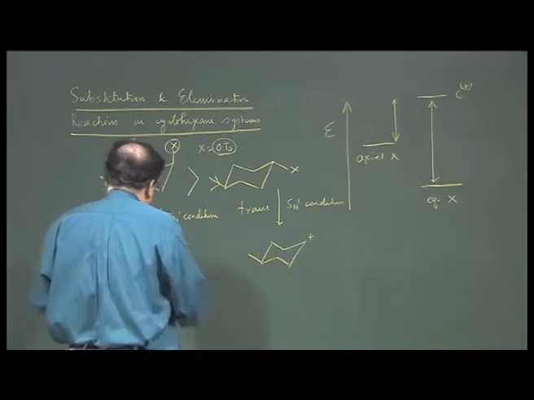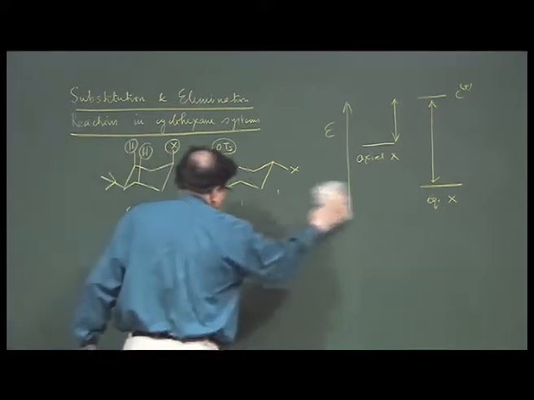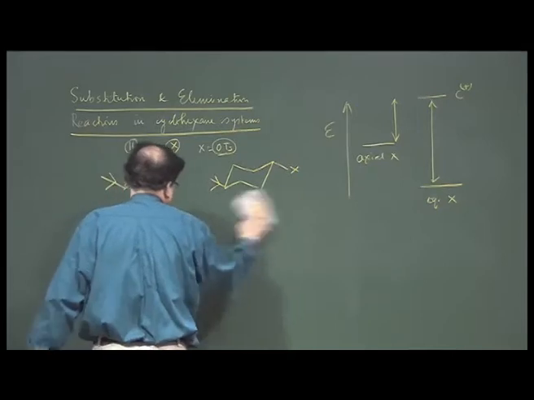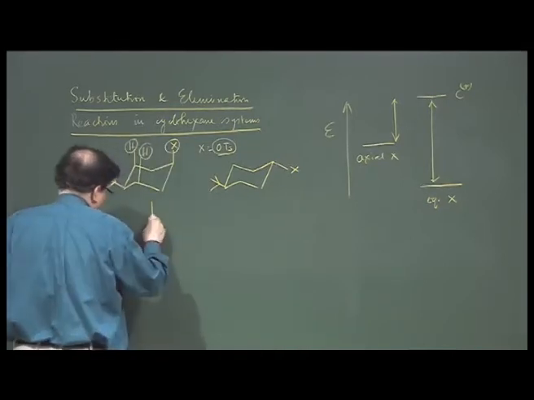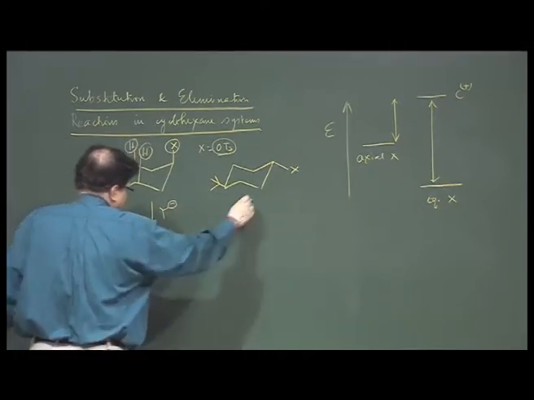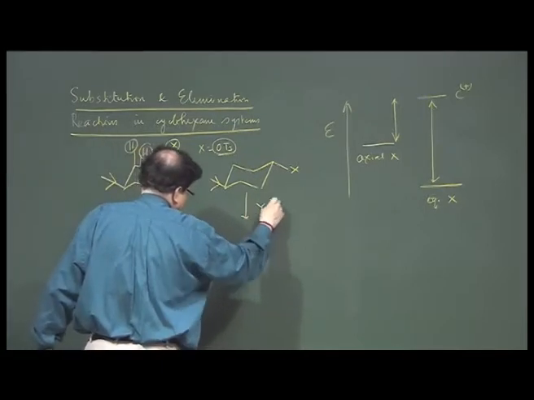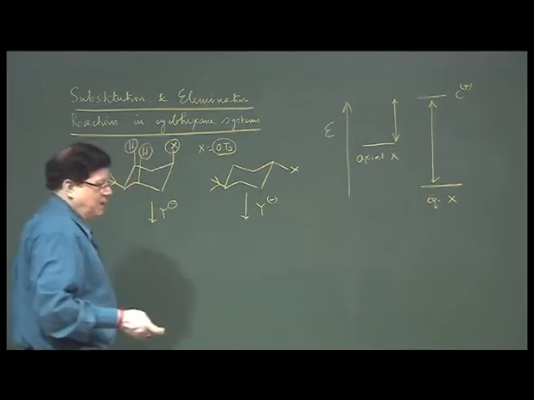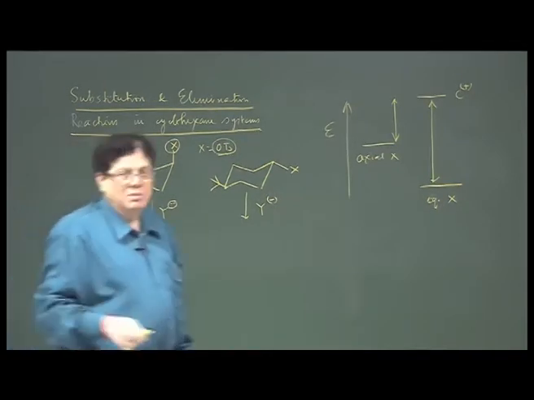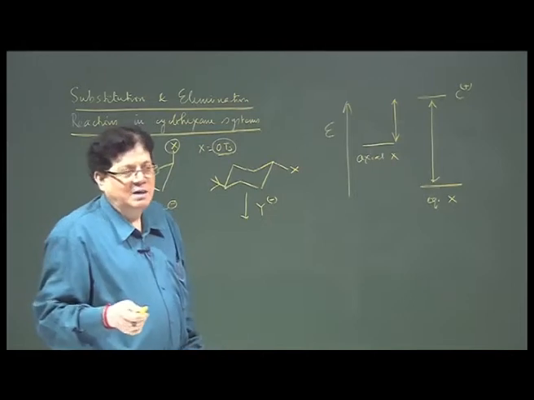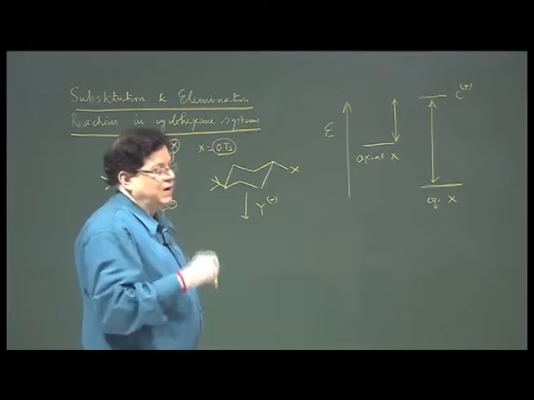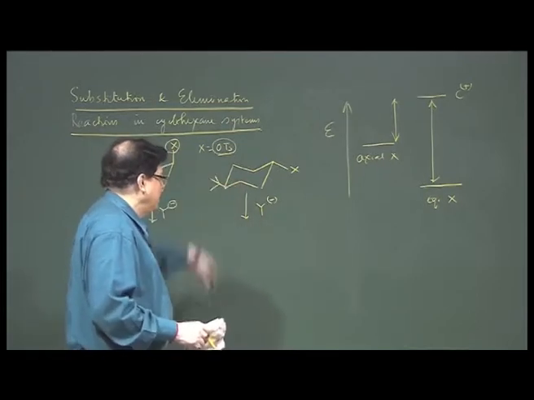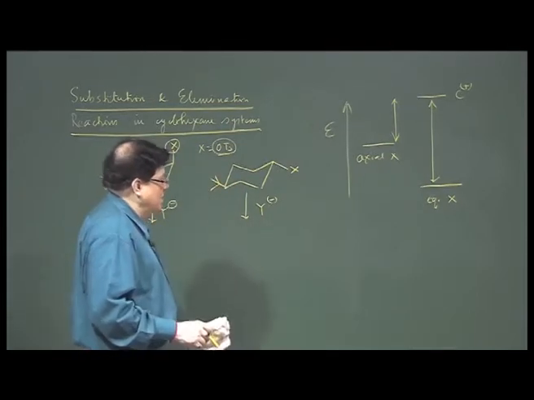Okay. Now, if you do the same reaction under SN2 condition, I add Y minus here and Y minus here. In the first case, I did not add the nucleophile because it was SN1. Whatever nucleophile you add, that is the very fast step, so there will be formation of both axial and equatorial products there.